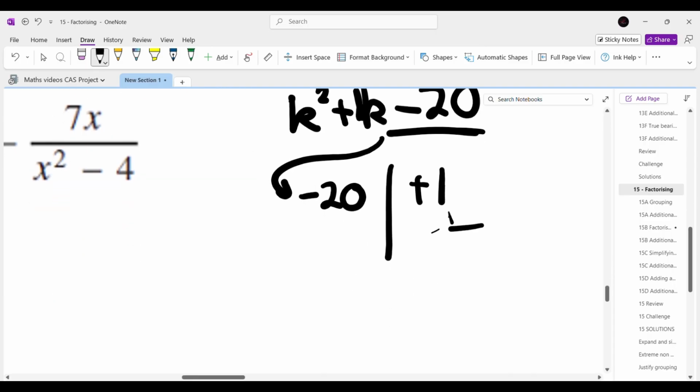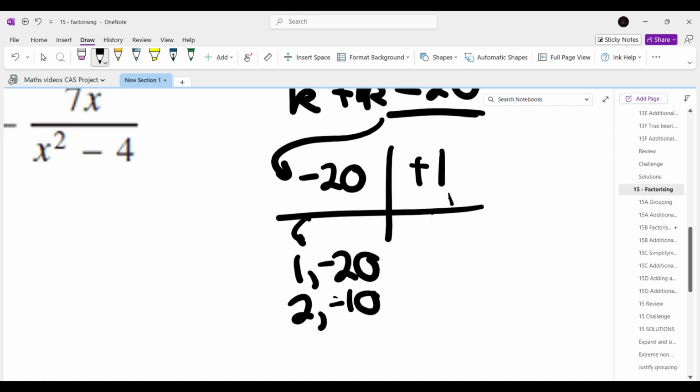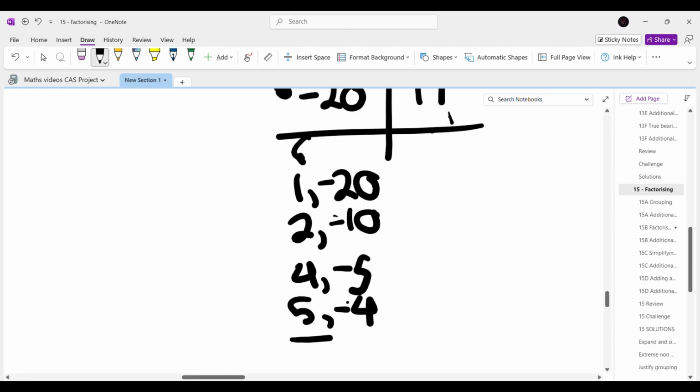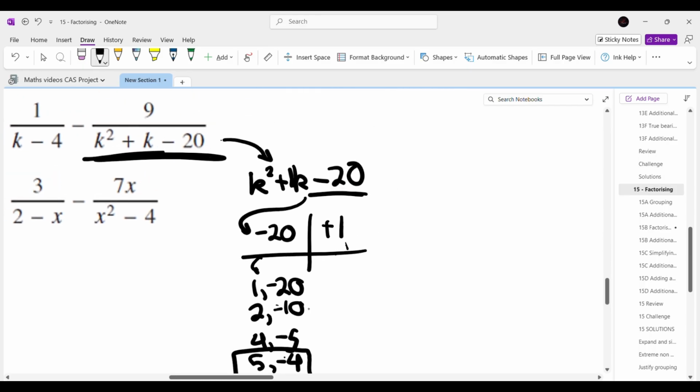Okay, so we just list off the factors of minus 20: 1 and minus 20, 2 and minus 10, 4 and minus 5, 5 and minus 4, and look, we have a match right here. So 5 minus 4 is equal to 1. So we can split this middle term to plus 5k minus 4k minus 20.